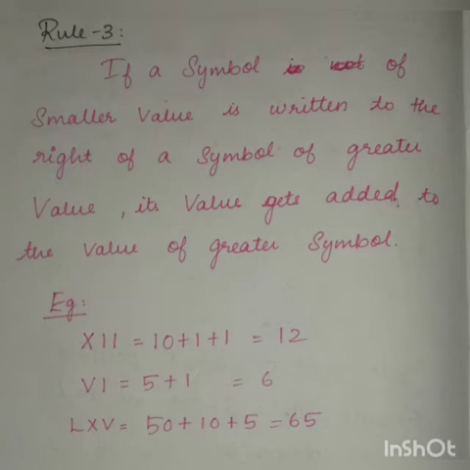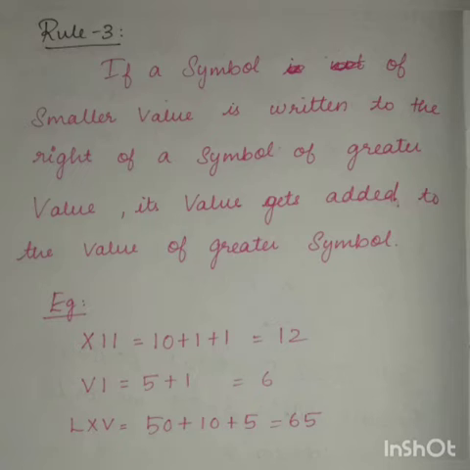The next rule is, if a symbol of smaller value is written to the right side of the symbol of greater value, its value gets added to the value of the greater symbol. You have a smaller value symbol and a greater value symbol. Why? Because V is a smaller value symbol compared to X, because X stands for 10 and V stands for 5.